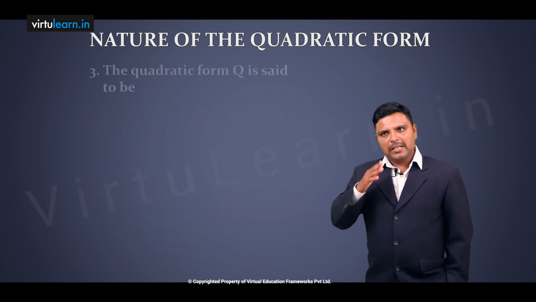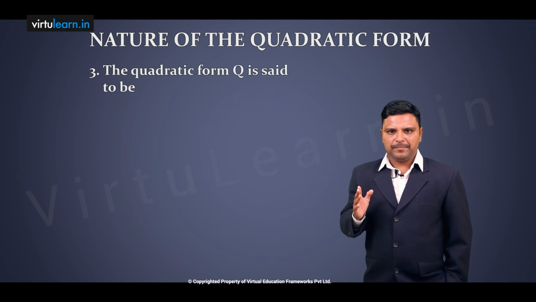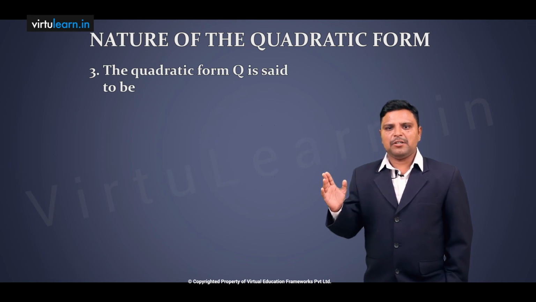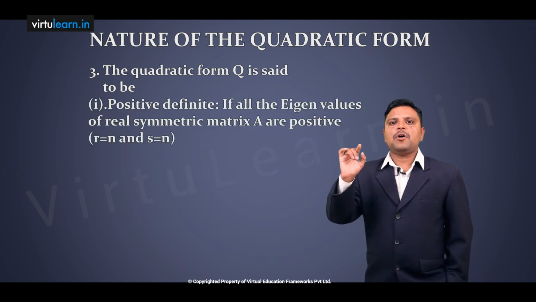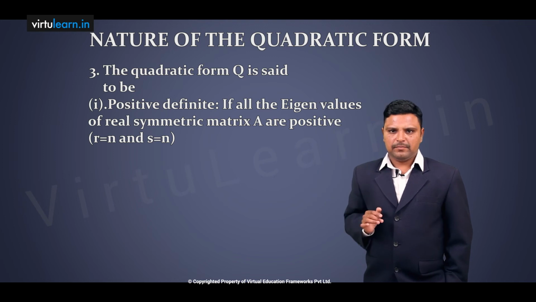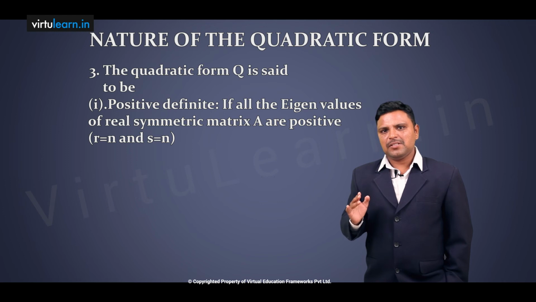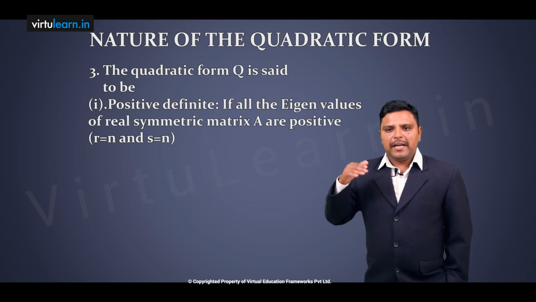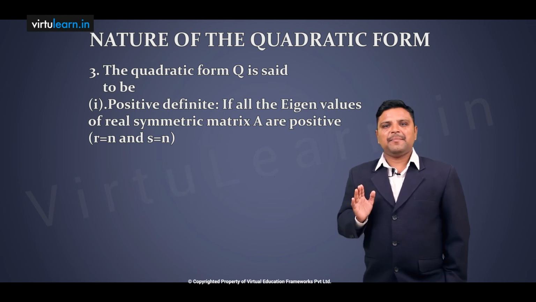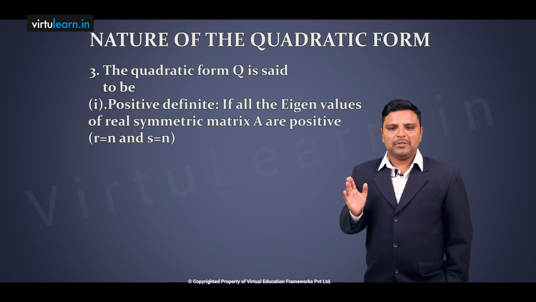Next, a quadratic form is said to be, first one, positive definite, if all the eigenvalues of the real symmetric matrix A are positive numbers.